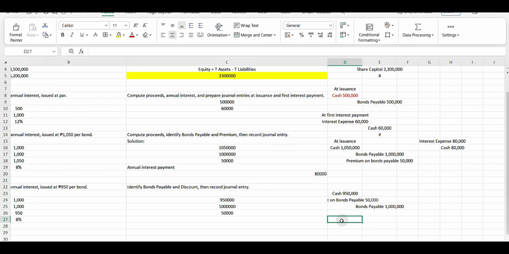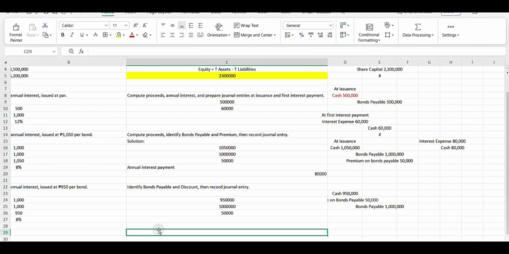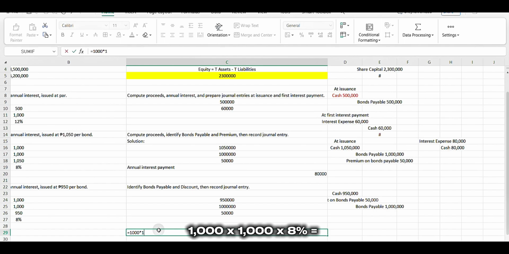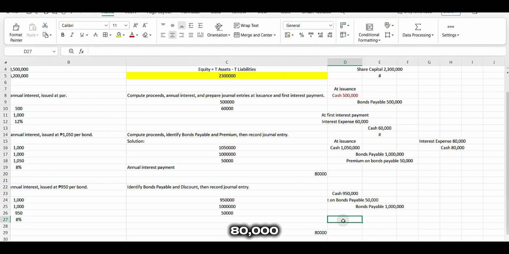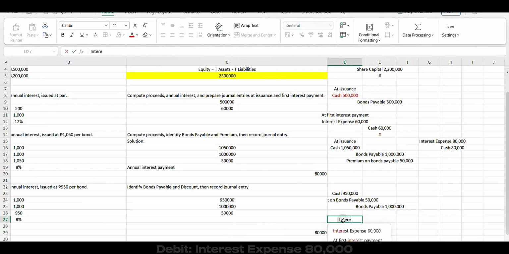Now, to compute for the annual interest payment, don't forget the formula. I will just put it down here. That is 1,000 bonds multiplied by the par value, multiplied again by the interest rate, which is 8%. And that's 80,000 pesos. To journalize this transaction, you need to debit interest expense.